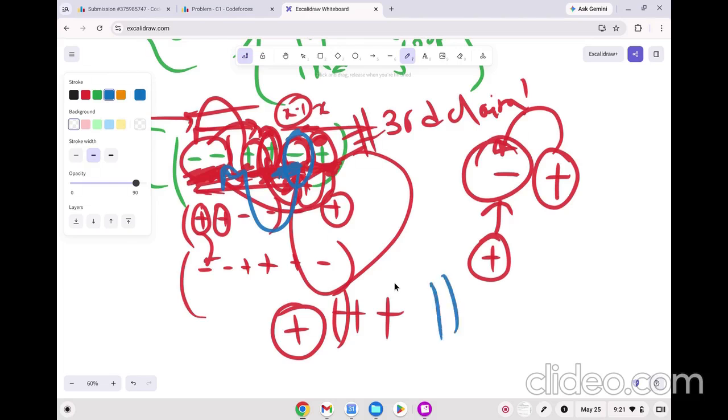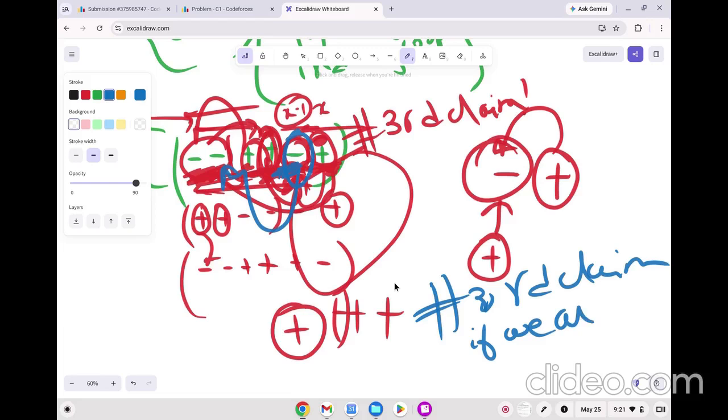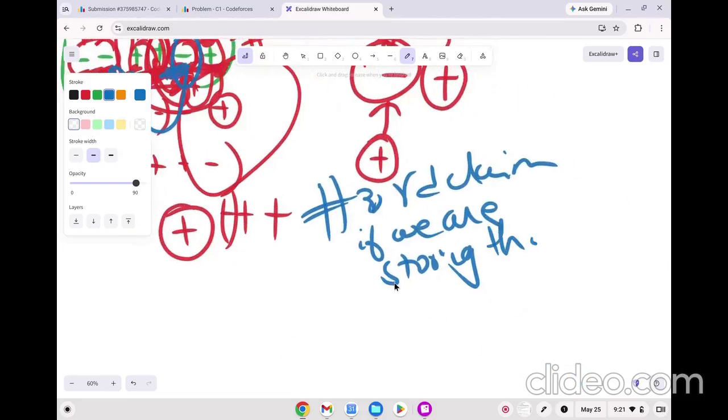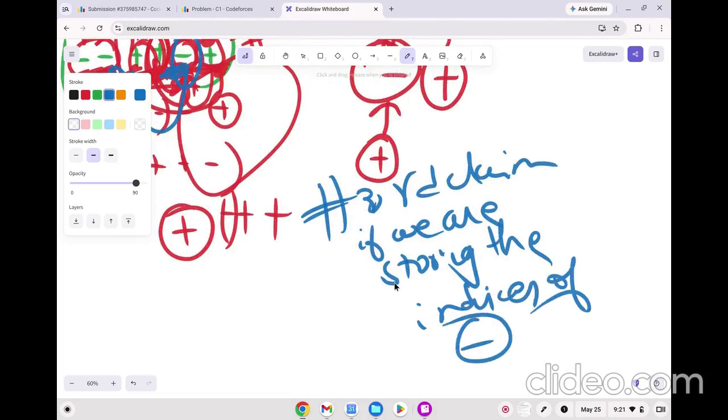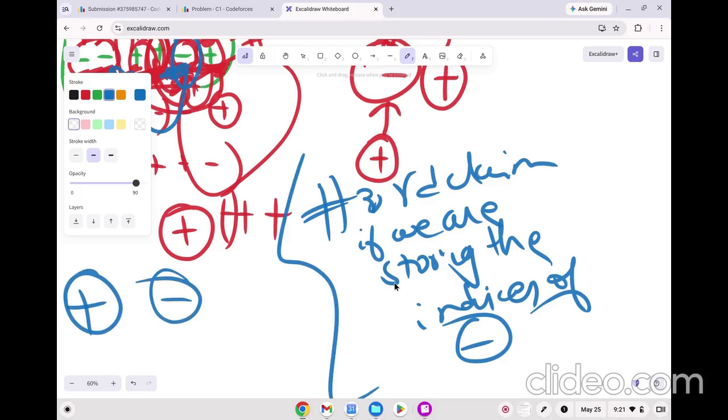So my third claim is, if we are storing the indices of minus, after plus you will first store the plus indices, then you will store the negative indices. But how will you store the negative indices? They should be stored from the end of the array. So how will you store from the end of the array? That is simply reverse the array, right?